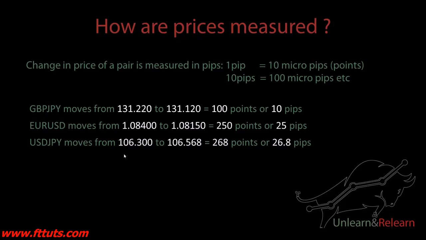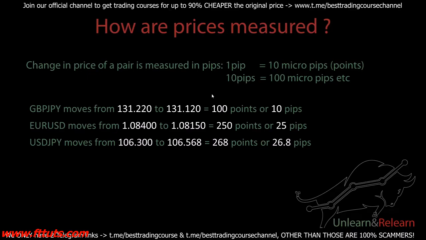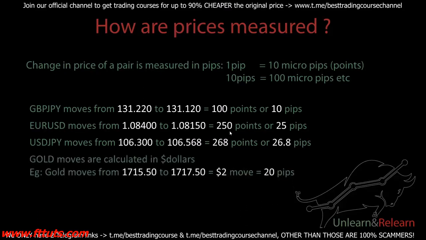When you subtract these two prices, you get 268 points or 268 micropips, which is 26.8 pips. We're always measuring price in terms of pips, because when we calculate pips in lots, we get our dollar outcome, which we'll talk about later. First, I want to focus on how you calculate pips, but the most important thing is, how do you calculate pips on gold?